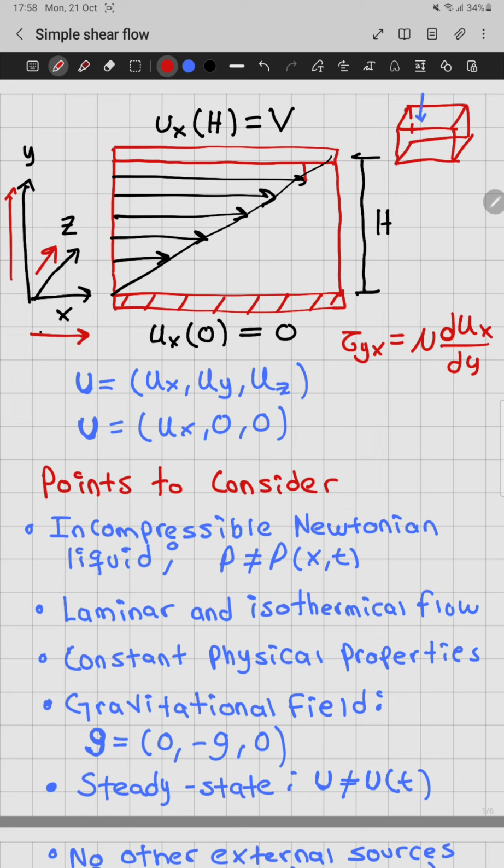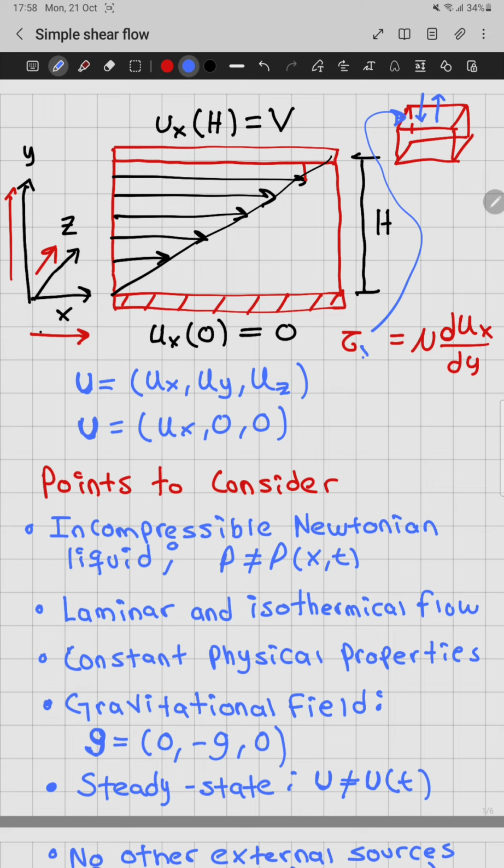So here this index y means the normal orientation vector, which is going to point out in this direction here. So we will be applying this force over this surface at the top, which is going to cause the top plate to move with a velocity uv, and this is going to cause a movement of the fluid in x direction. So that's why the index x is expressed here.